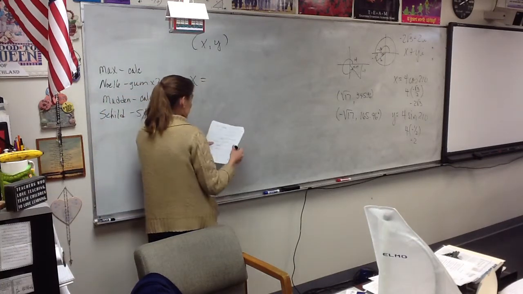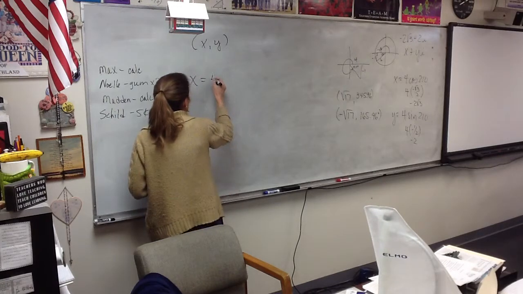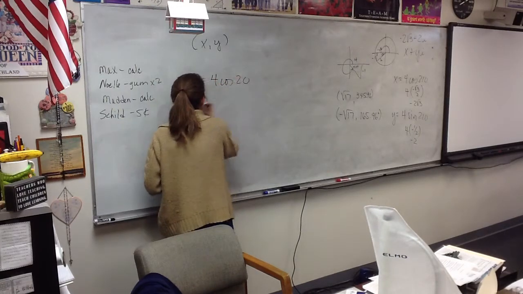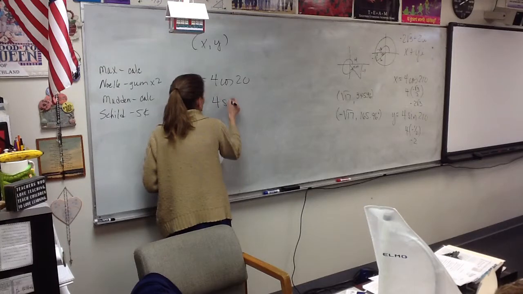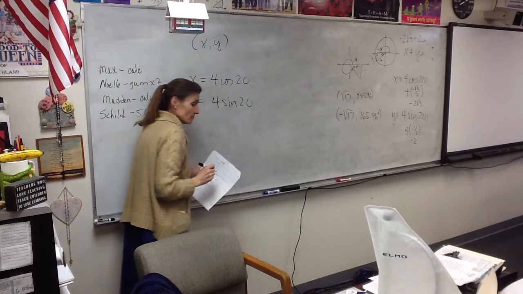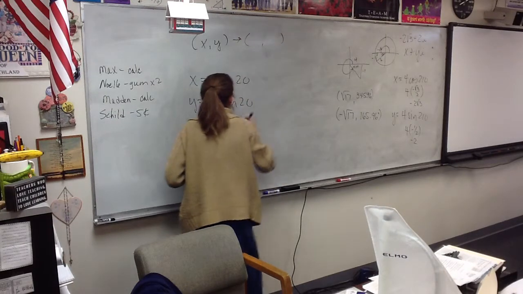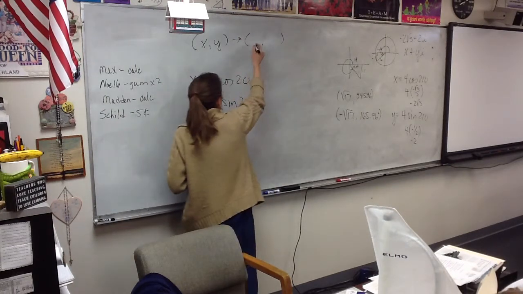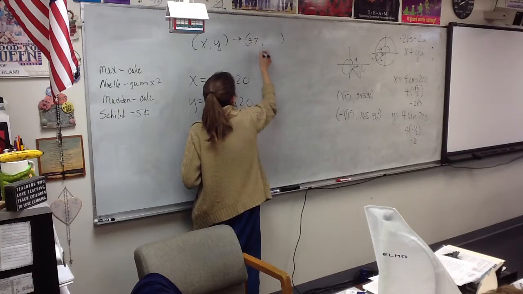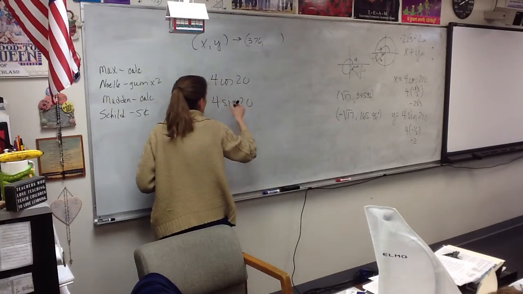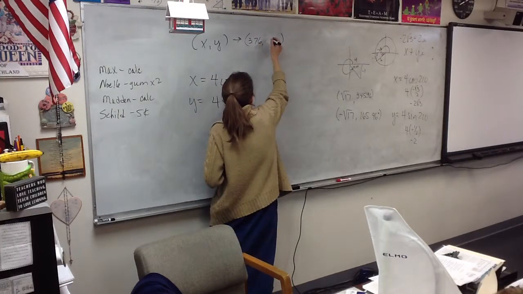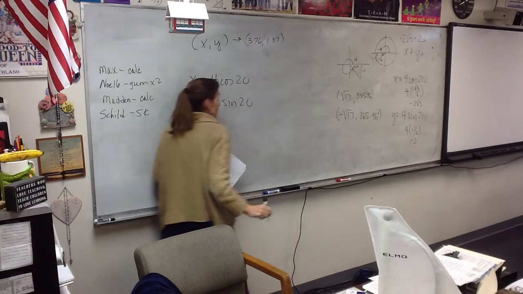How do I find x? 4 cosine 20. This one I need a calculator for, because 20 isn't special. So I just type those in, and what do I get for my ordered pair? 4 cosine 20 and 4 sine 20.